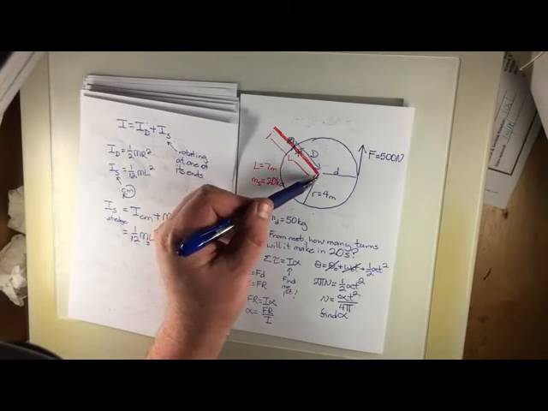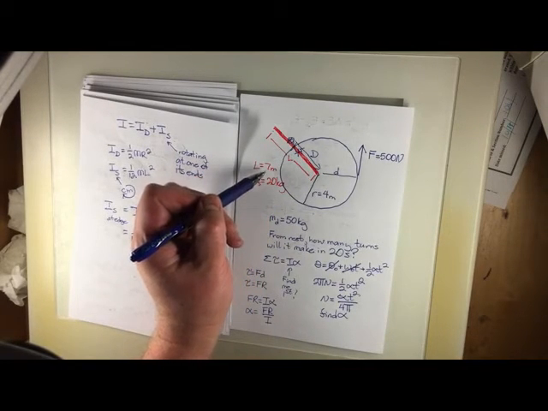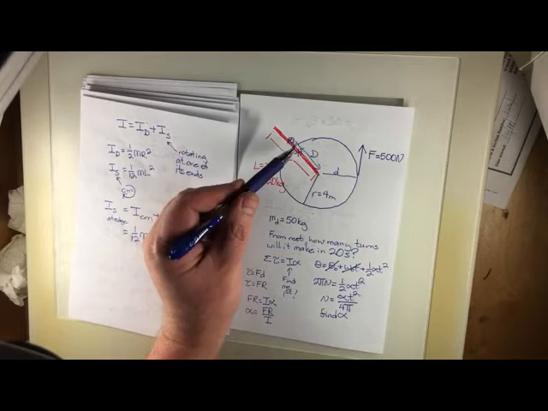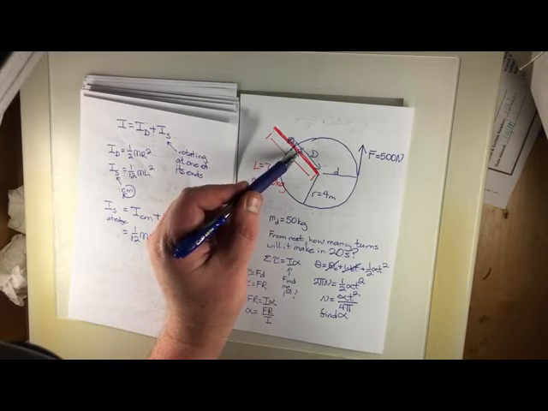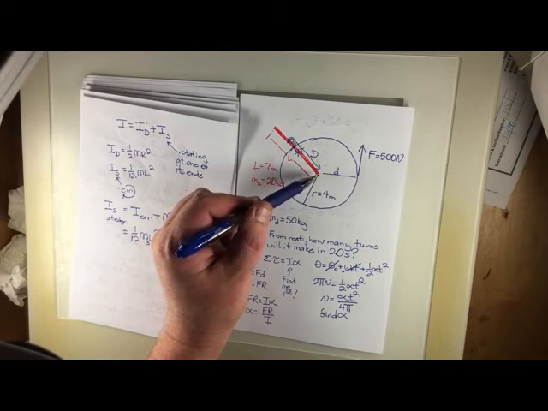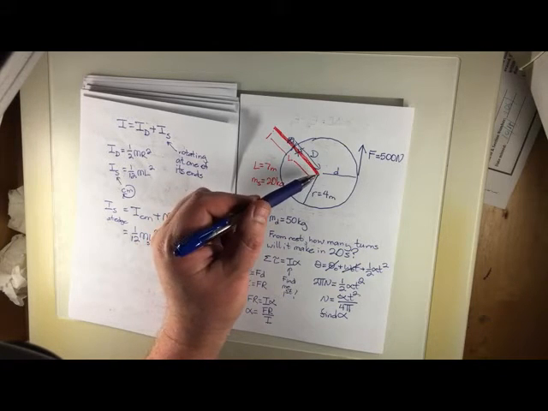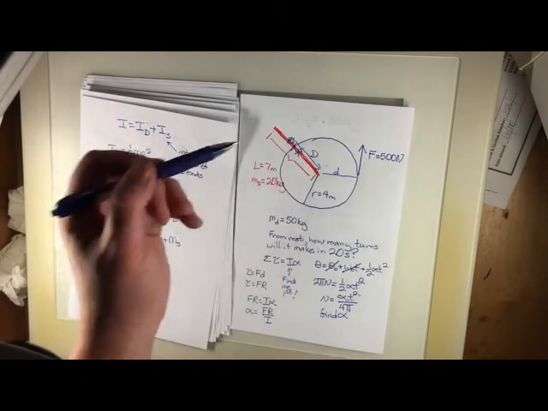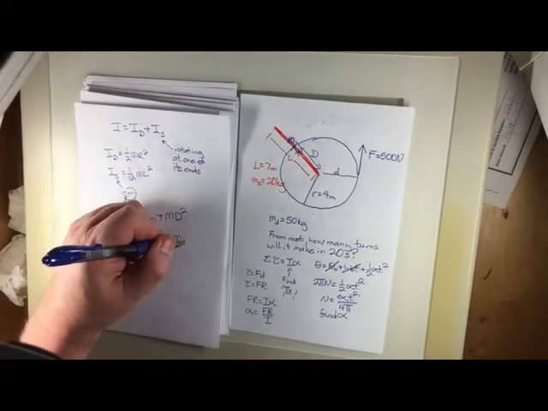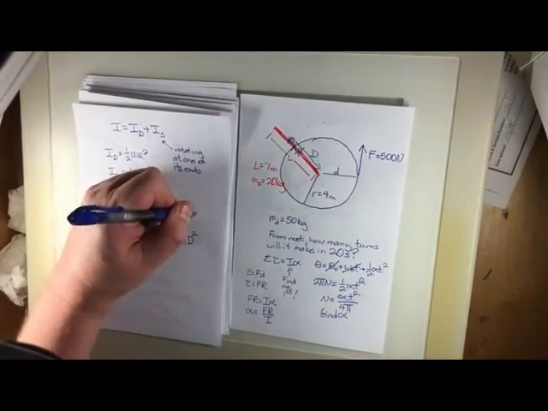If the stick's length is 7 meters, what's the distance from its center of mass to its end? 3.5. Just take it and divide it by 2. So this becomes 3.5.